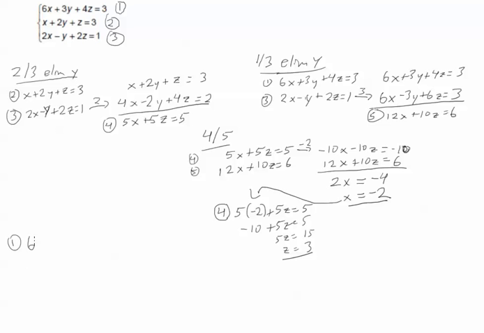Number 1, 6 times negative 2 plus, I don't know my y value yet, plus 4 times 3 has got to equal 3. That's a negative 12 plus 3y plus 12 equals 3. Look at that, my constants are going to cancel out. Positive 12 and negative 12, that becomes 0.